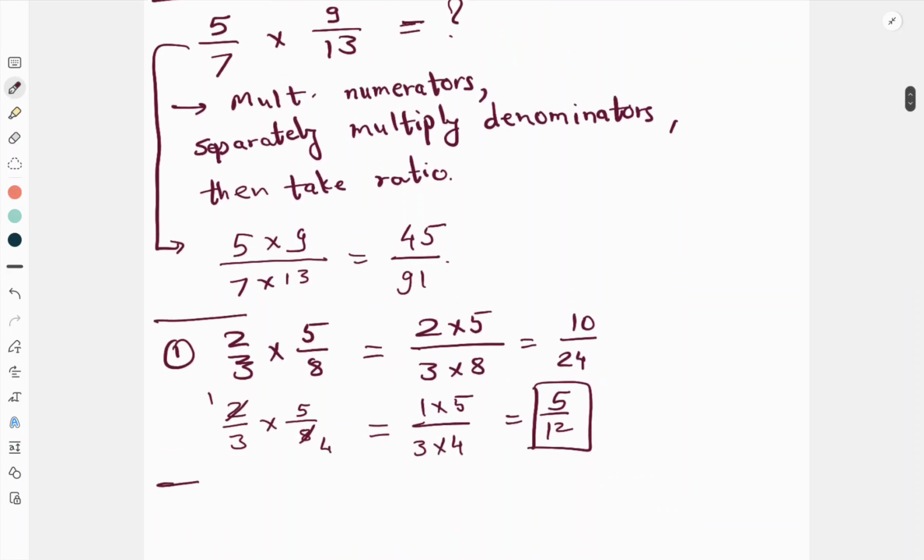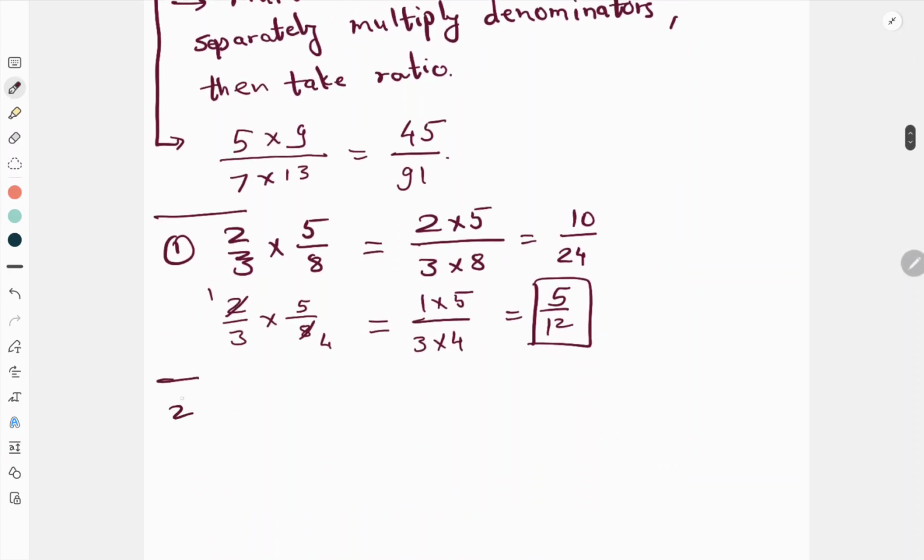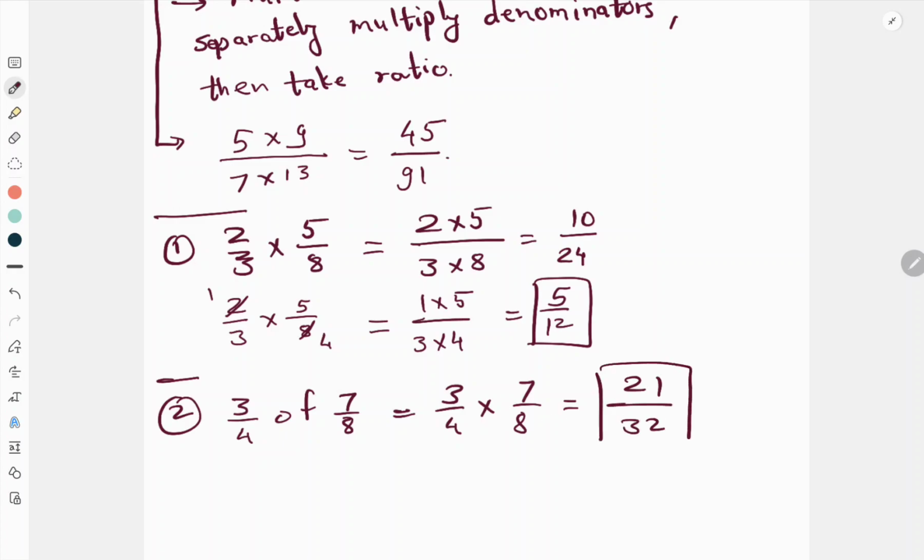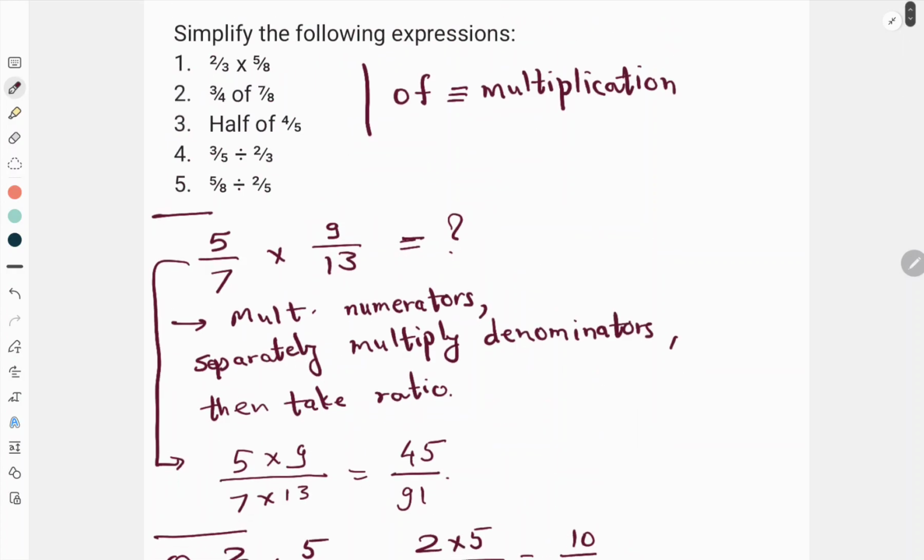So the second one is 3/4 of 7/8, which is equal to 3/4 times 7/8, which is 3 times 7 is 21 divided by 4 times 8 is 32. So that's it.